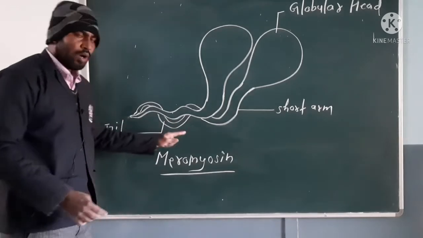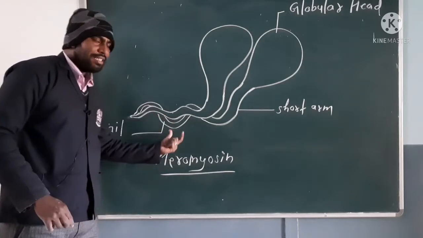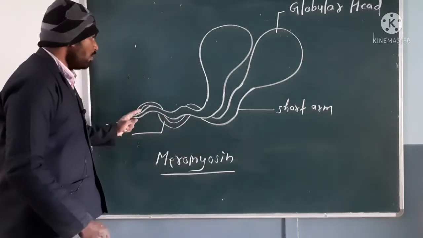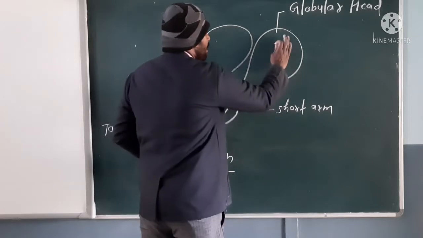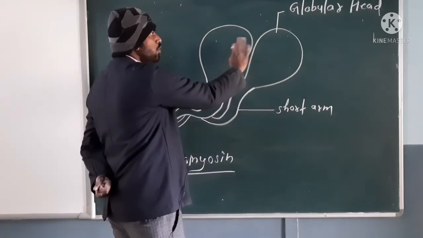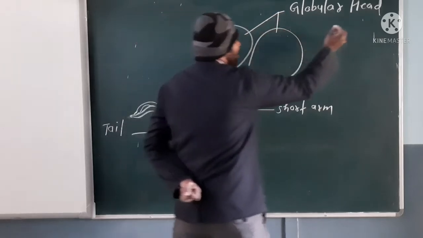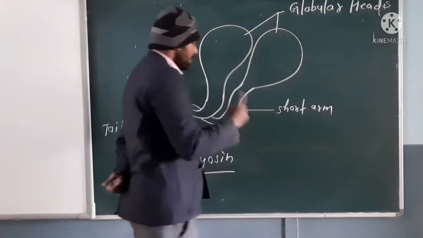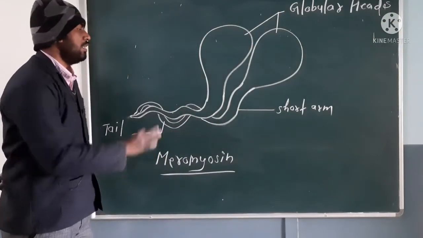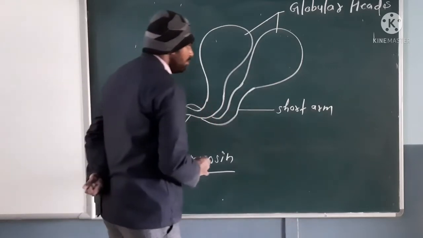So you can see in one meromyosin, this is the arrangement. Bilobular means two globular heads are present. So both of these are regarded as heads. Don't get confused. It is a single molecule of meromyosin. This is the structure. These are the short arms.